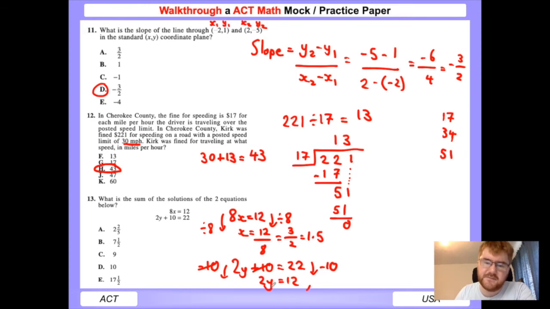And if 2 times something is equal to 12, our y is going to be 6. But notice in the question, we want to find the sum of the two answers, the sum of the solutions. So we need to add 6 and 1.5 together, and that will then give us 7.5, which is our answer B.